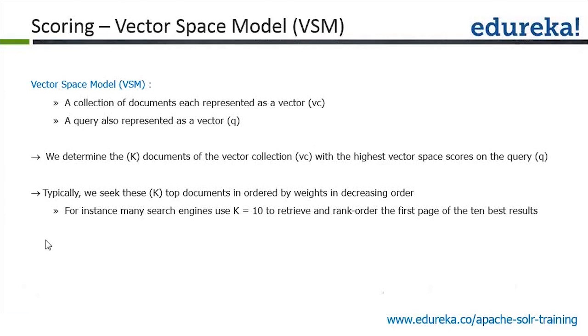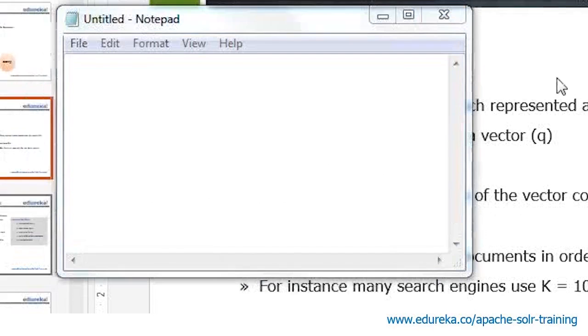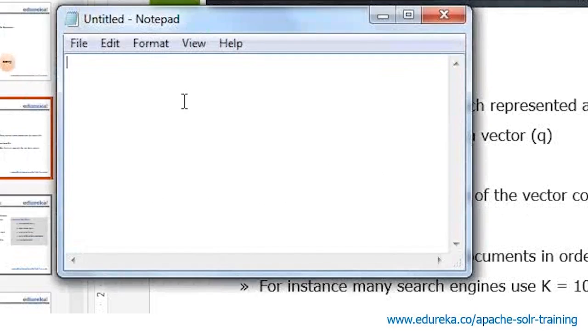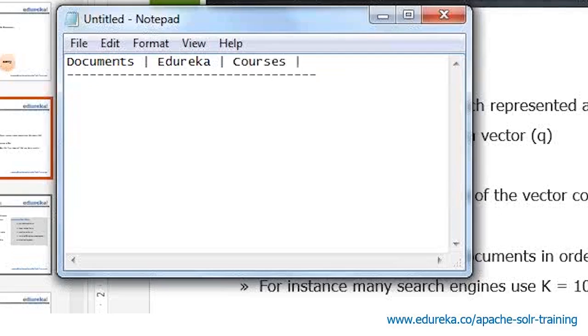A vector space model is nothing but, let's say this is a two-dimensional vector. Let's say I have documents, and I have terms, say Edureka and courses. These are all the possible terms. I'm just using two terms for now.